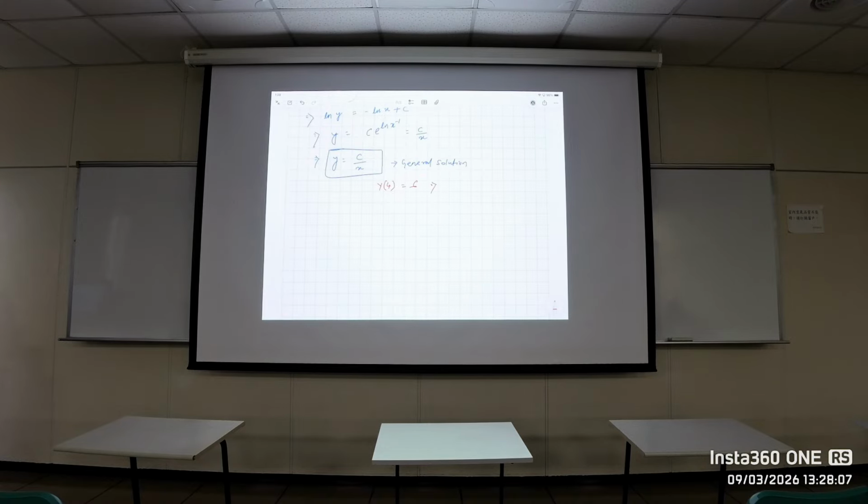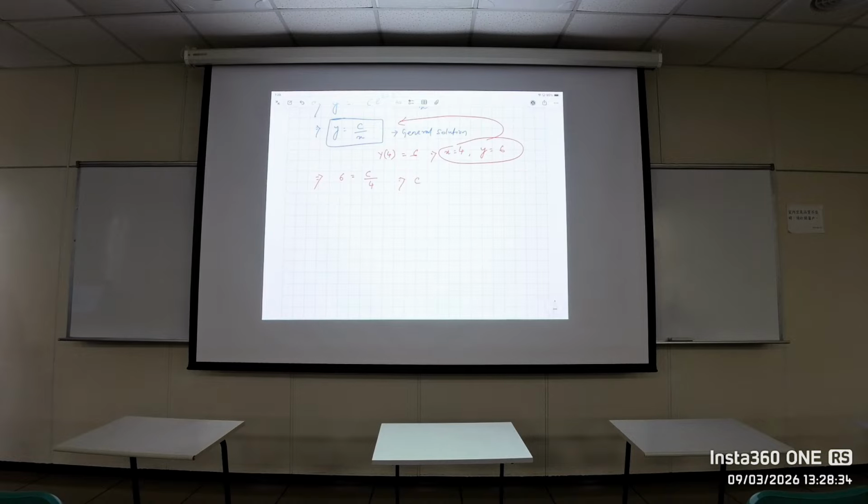That implies when x is equal to 4, y is equal to 6. This is what the initial condition is. So we need to put these conditions here. If we put them, we will get 6 is equal to c by 4.